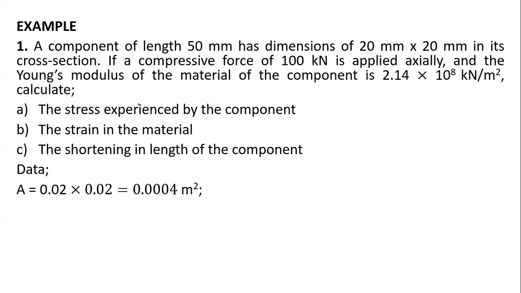Information provided: the 20 millimeters that you see, you convert each one to meters. When you divide by 1,000, you get 0.02, the same with that one. So to get the area, you multiply these two, and that's what you get. And the question could be, but how?